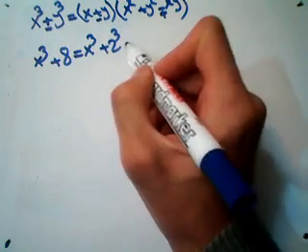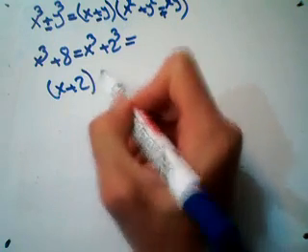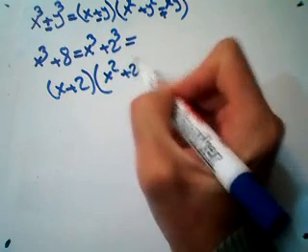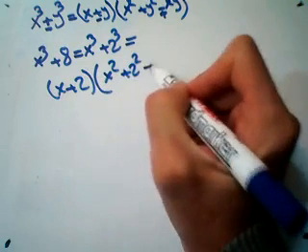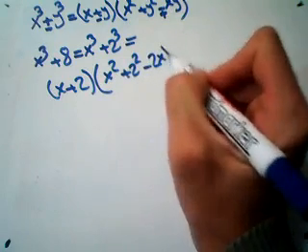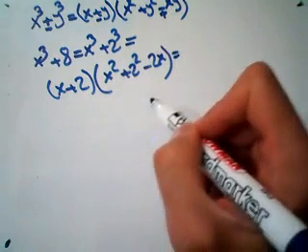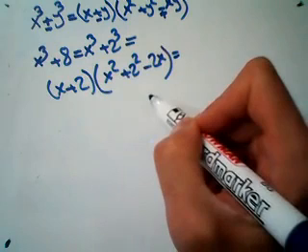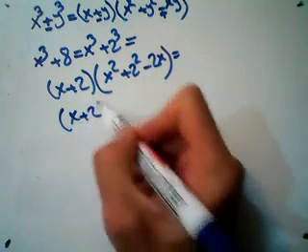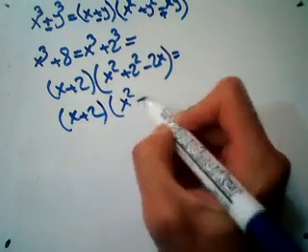So that would be equal to x plus 2 times x squared plus 2 squared minus 2 times x, 2x, which is x plus 2 times x squared plus 4 minus 2x.